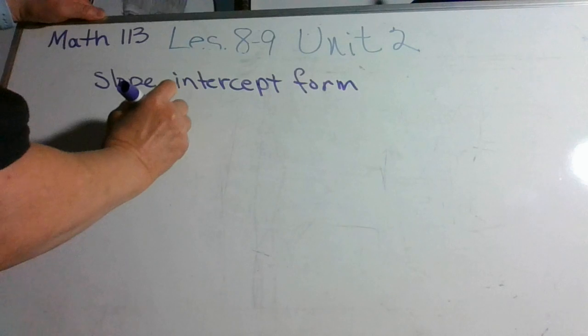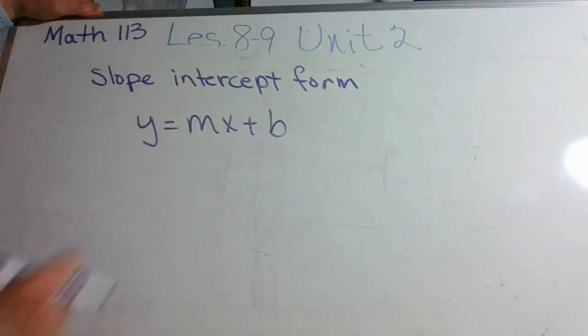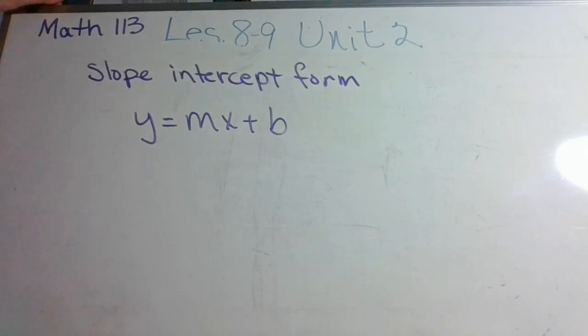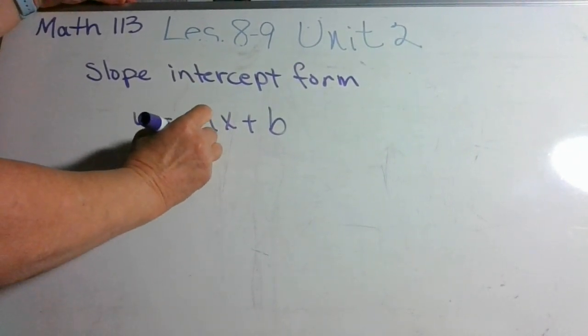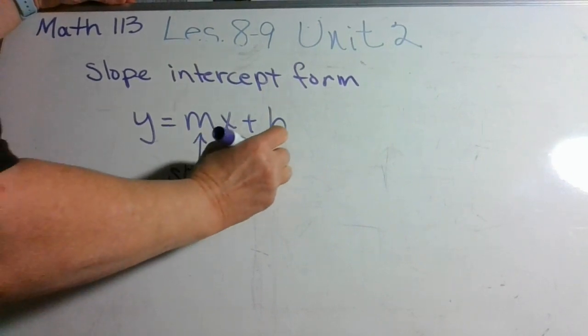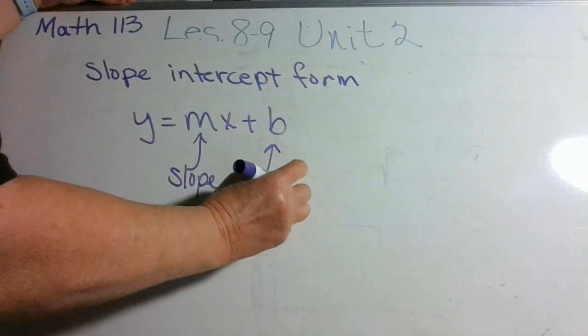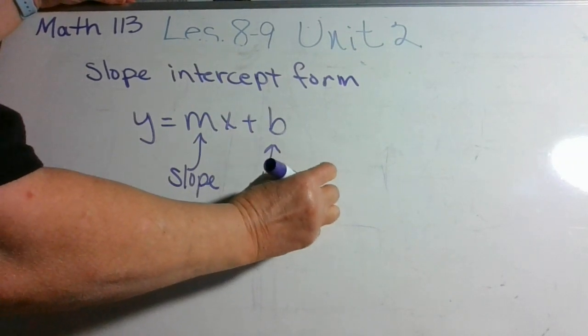It says y equals mx plus b. So on this, m is always equal to slope. B is equal to the y-intercept, where it crosses the y-axis.